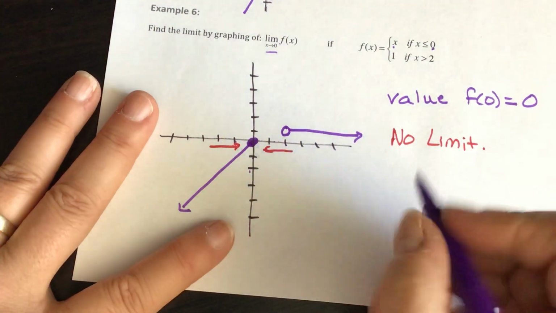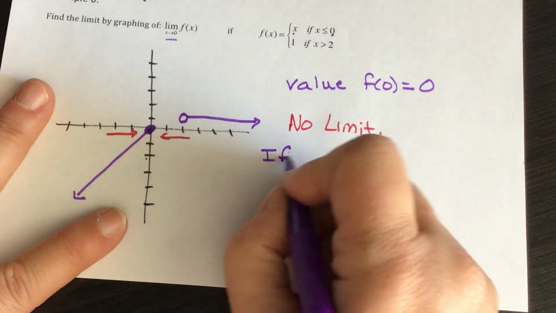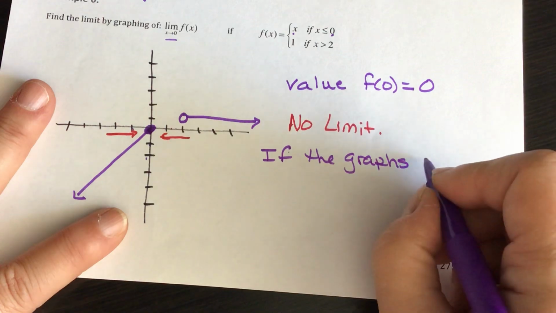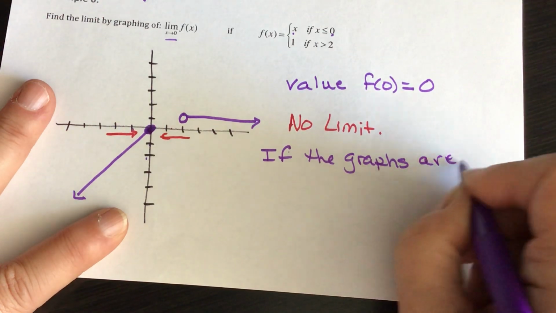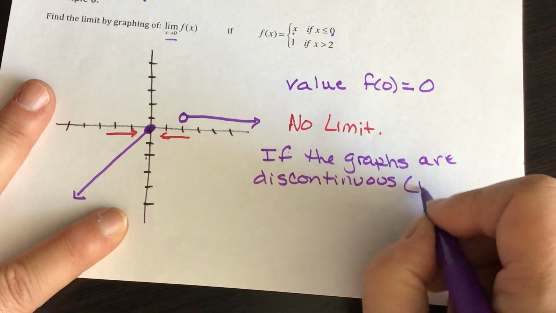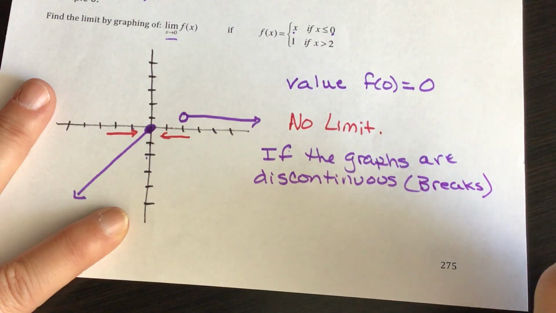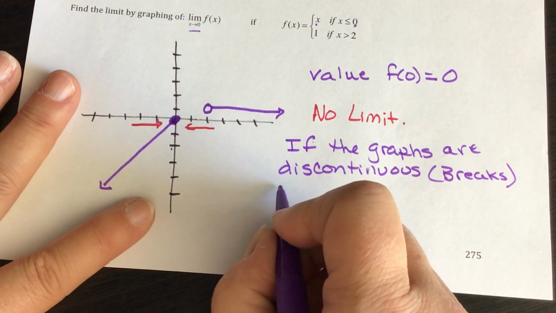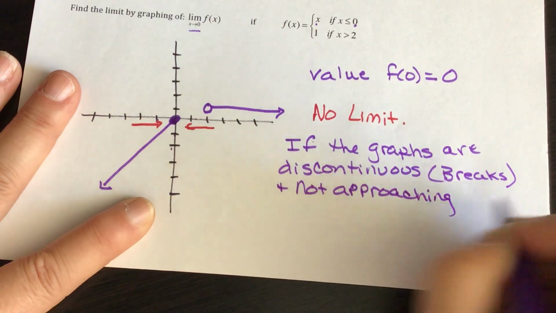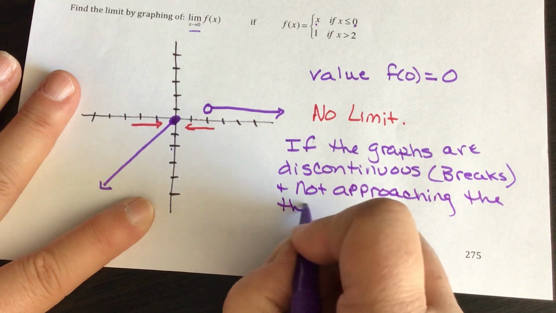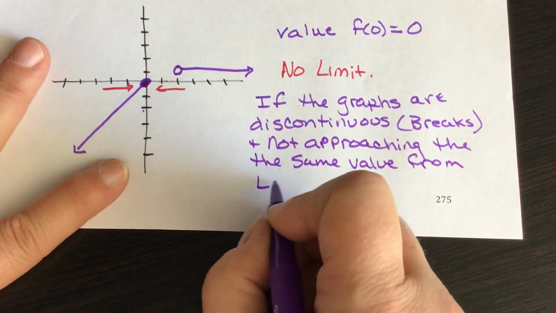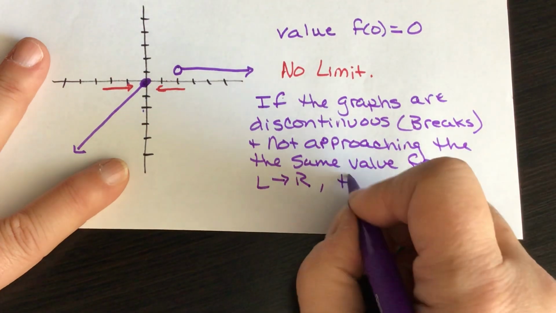Okay, and what happens here, I'm going to make a note here. If the graphs are discontinuous, or if you see breaks, and are not approaching the same value from left to right, the limit doesn't exist.